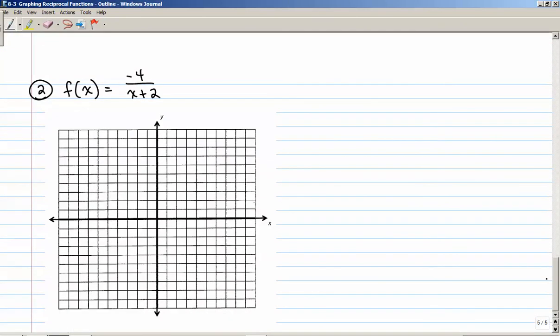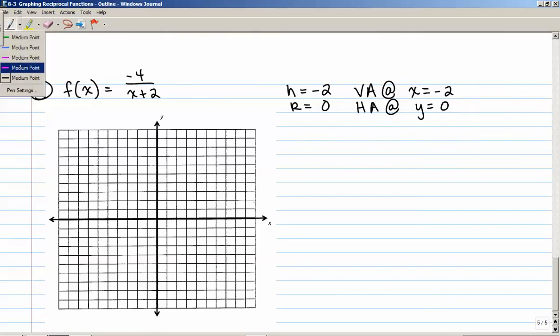F of x equals negative 4 over x plus 2. So let's identify h and k and find our asymptotes. So h is equal to a negative 2, so that means I'm going to have a vertical asymptote at x equals negative 2. And k is equal to 0 since there's nothing added on the end. So I'm going to have a horizontal asymptote at the line y equals 0.